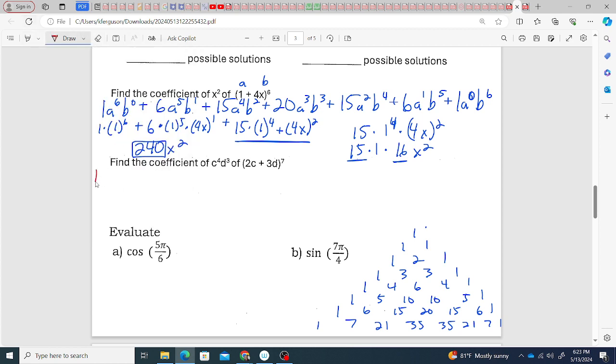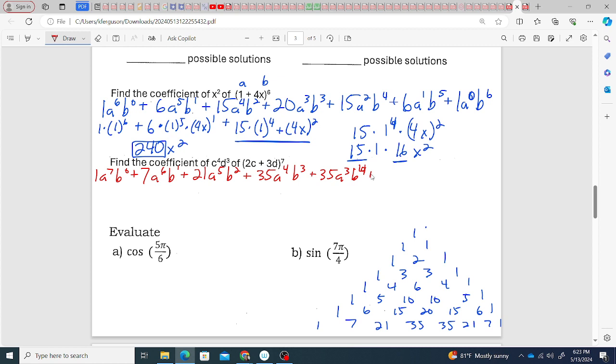Okay, so I have 1 a to the 7th power b to the 0, plus 7 a to the 6th power b to the 1st, plus 21 a to the 5th power b to the 2nd power, plus 35 a to the 4th power b to the 3rd power, plus 35 a to the 3rd power b to the 4th.